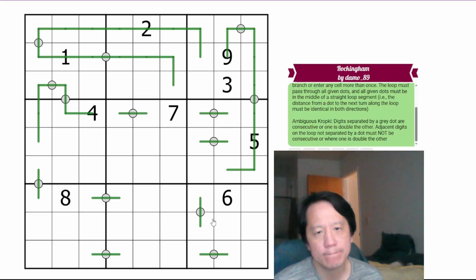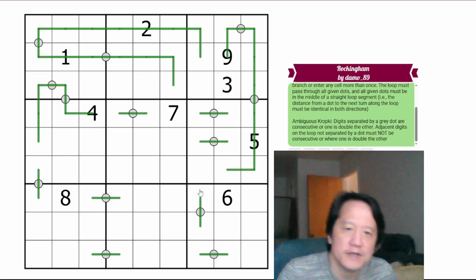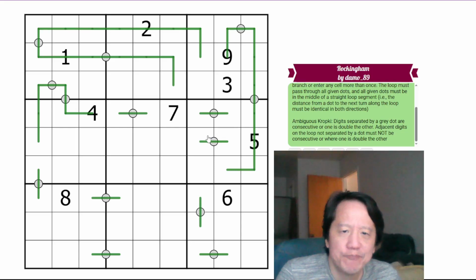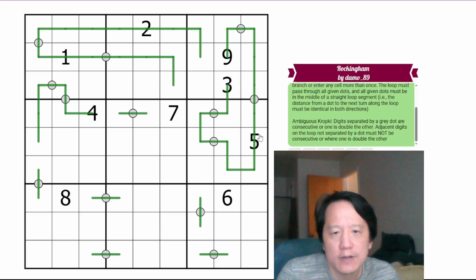Hmm. This has to turn. So that means this has to turn. This has to turn, so that means this has to turn that way. If we connect to here, it goes that way, that way.